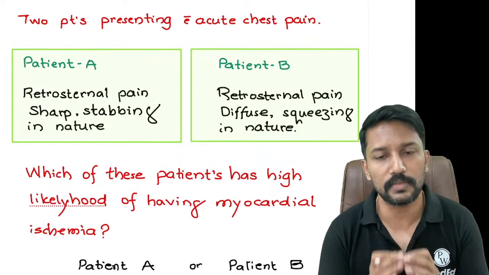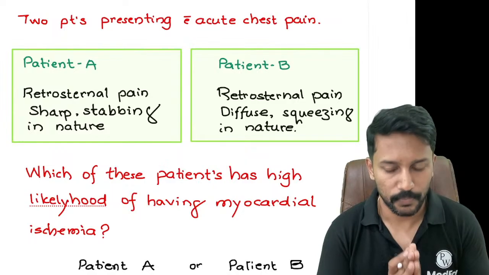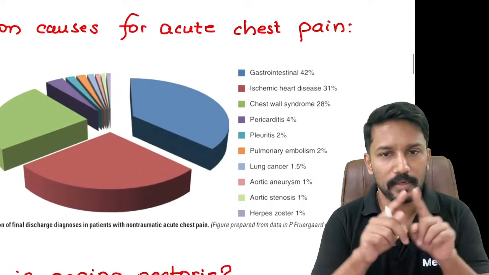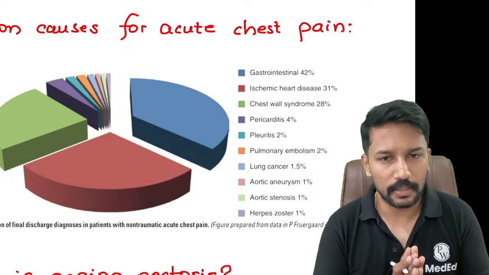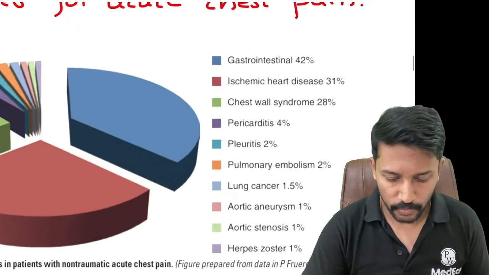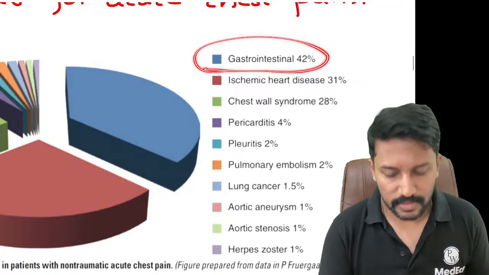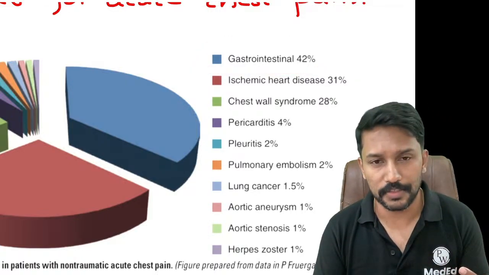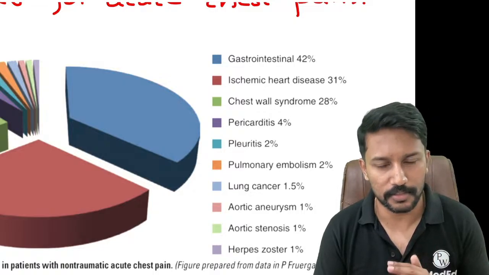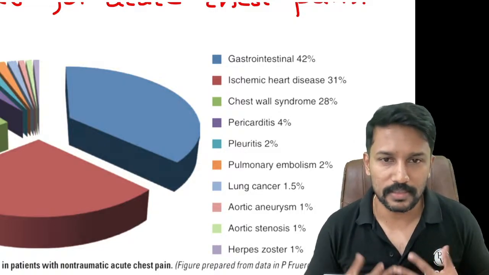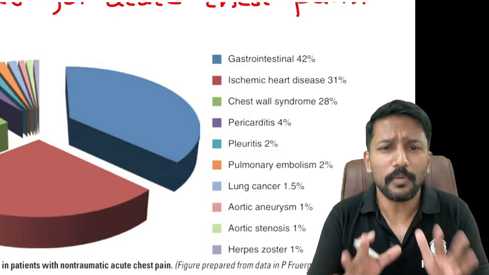So the first thing we will do is understand angina. But before I take you through angina, Harrison gives a small pie chart of different causes which can present as acute chest pain. When we look at that, the most common cause is gastrointestinal, meaning gastritis, peptic ulcers, gastric ulcer, duodenal ulcer, or gastroenteritis can cause chest pain. We are not much worried about them.